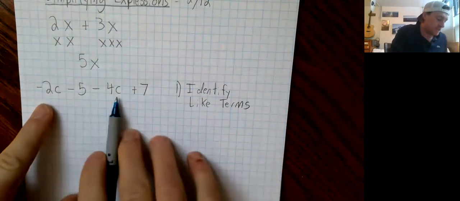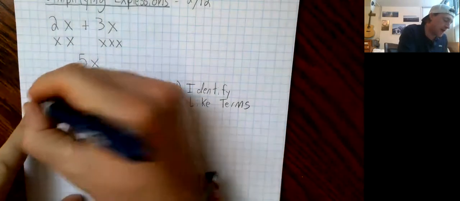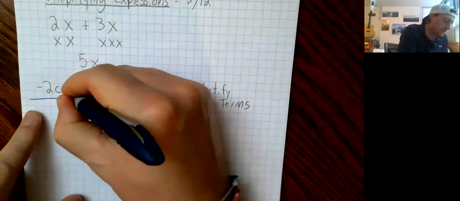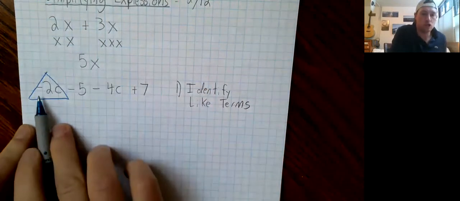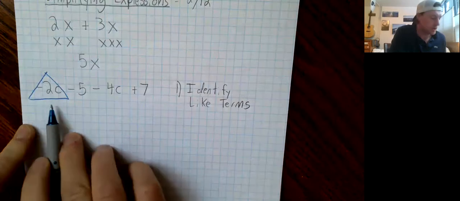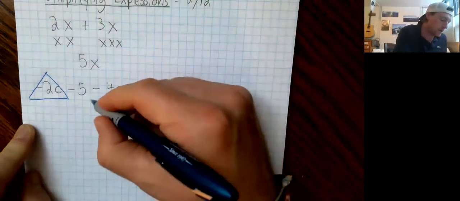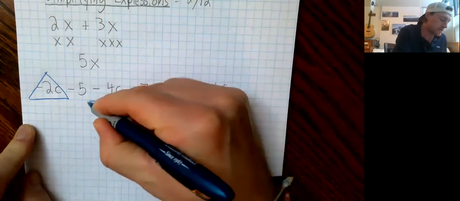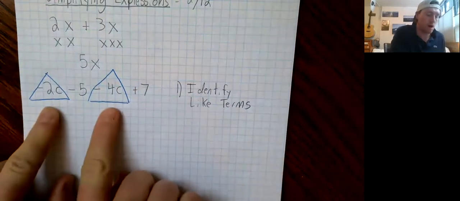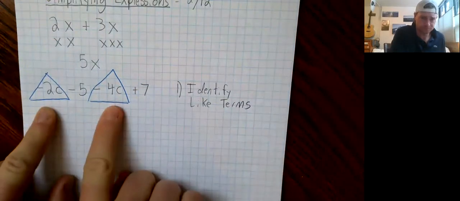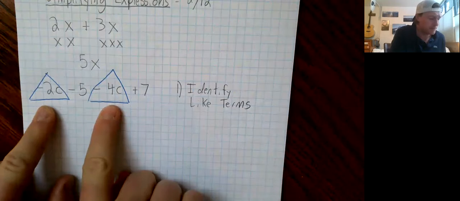So I've got C's here. So I'm going to identify, I like to do shapes, especially when we're first learning. I'm going to put those in triangles. Now notice that I'm including the negative sign in there. So here's one set, and then the other one is this 4C here. Okay, so here are my like terms in terms of C. I've put them in blue triangles.